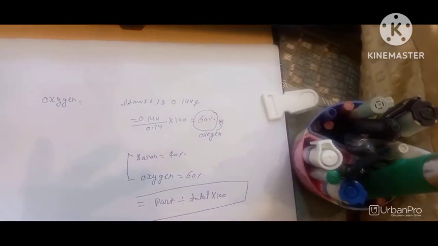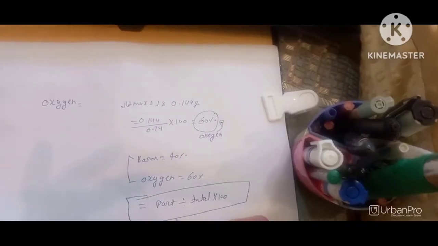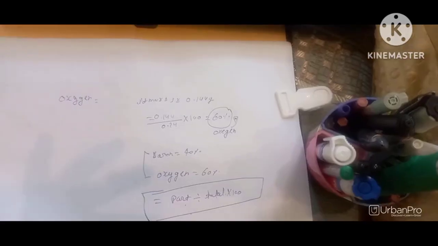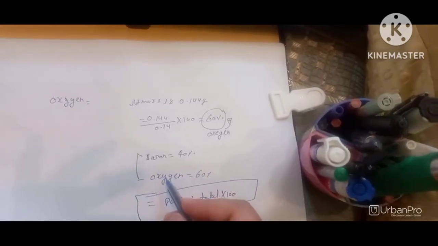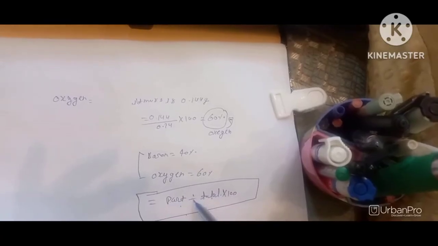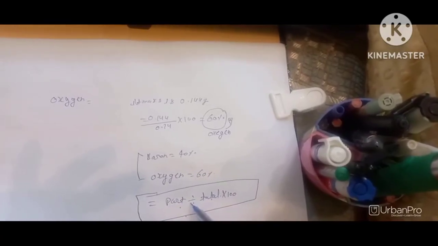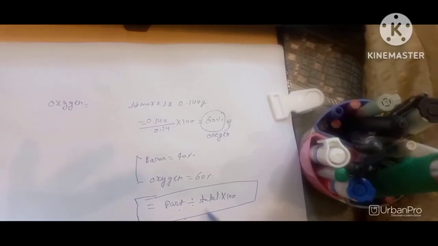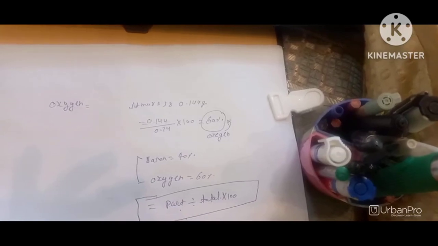This type of question we can solve with this formula, that is part divided by total. Whenever you see percentage composition by mass, apply this formula for each element separately. Hope this solution was clear and easy to understand.